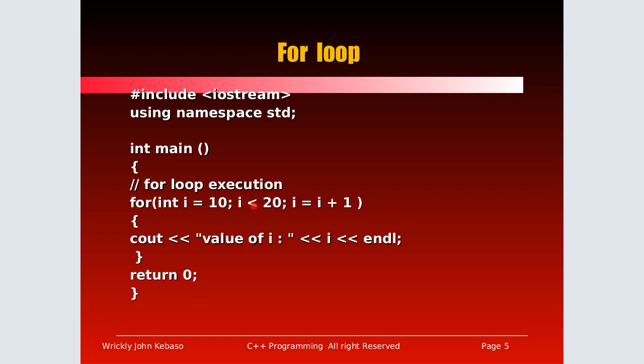We want this loop to work from 20 to 10, so we say I is greater than 9. I hope you are seeing on the screen. Then we close our limit with the same bracket. Then we have a decrement. We shall say I equals I minus 1.